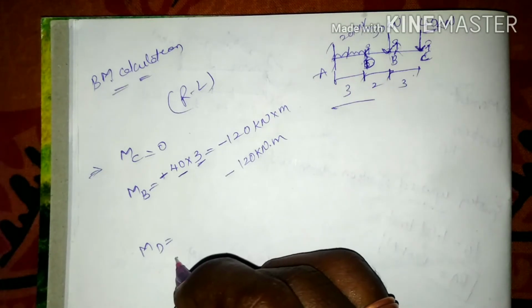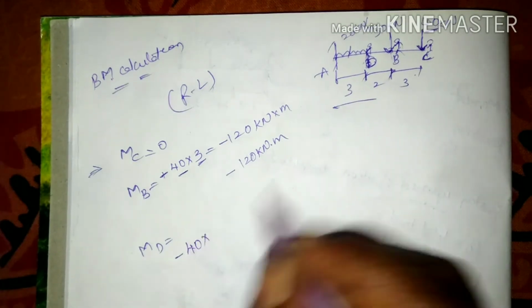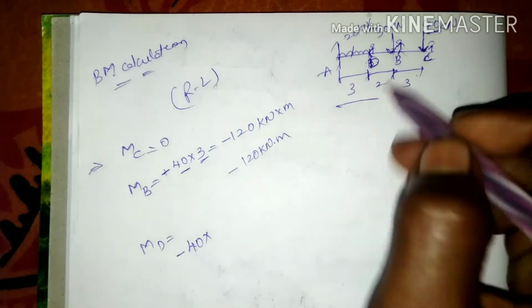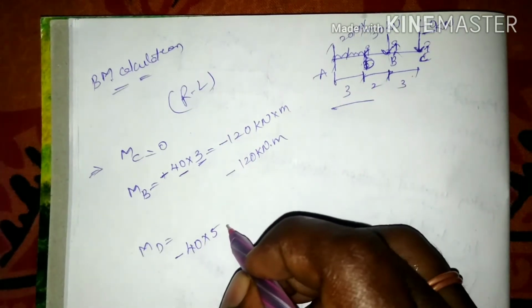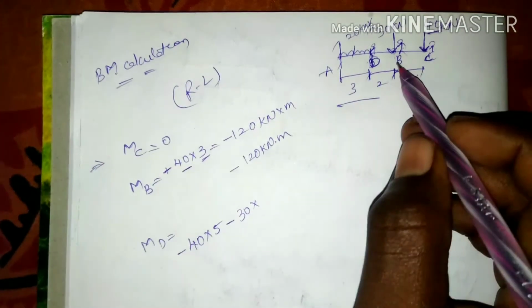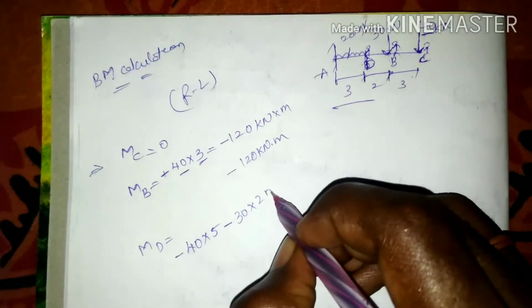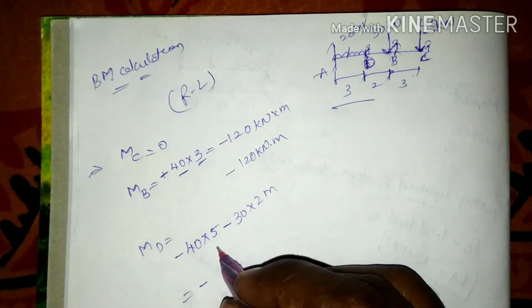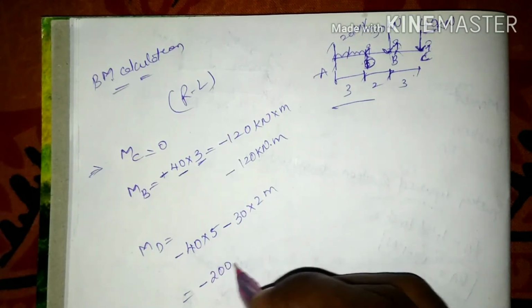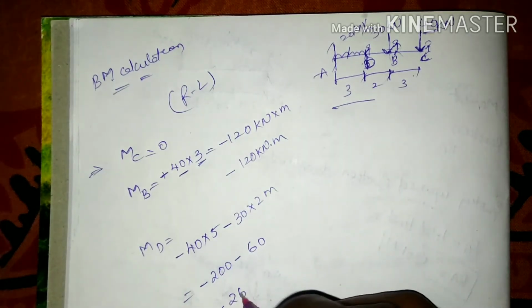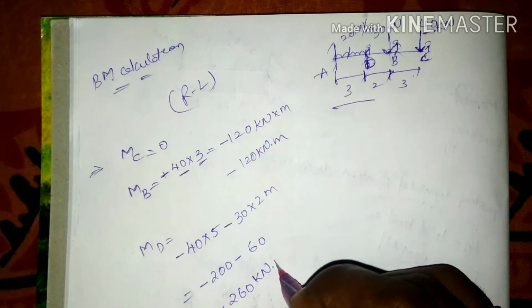So minus 40 at a distance of 5 meters, that is 5, and minus 30 into a distance of 2 meters, that is equal to minus 200 minus 60, that is equal to minus 260 kilonewton meters.